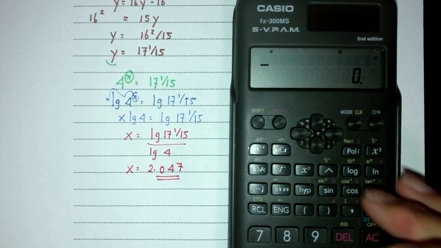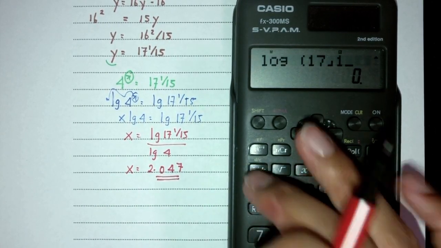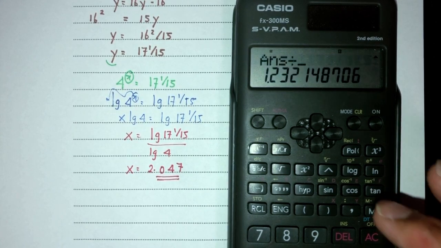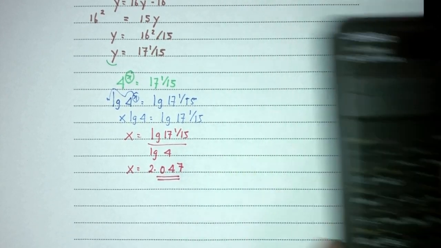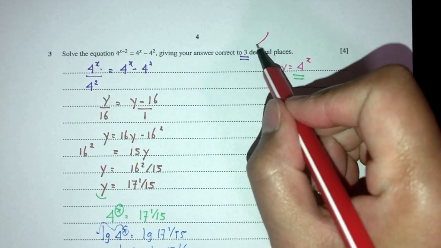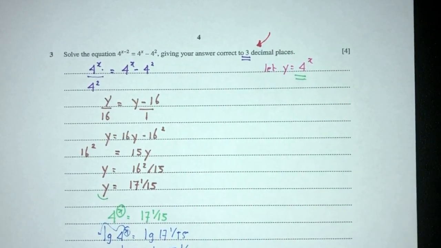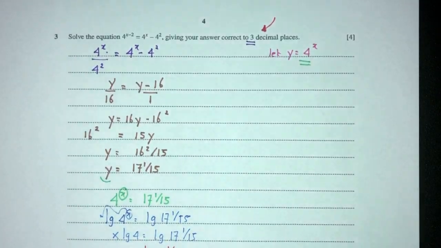One more time, log of 17 1 over 15 divided by log of 4 is 2.047, correct to 3 decimal places as required. So be careful, give them back whatever they ask you. And this is your question number 3.